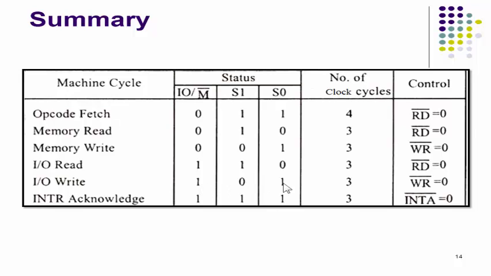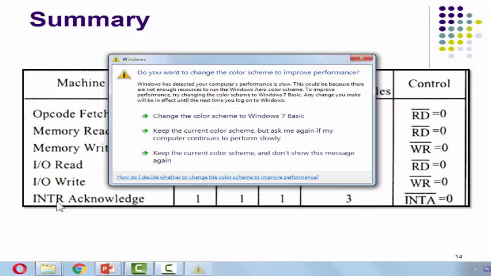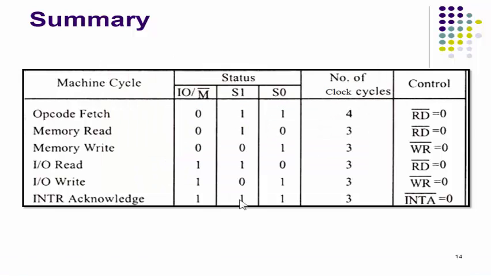IO read machine cycle. Here IO/M bar you will find logic 1, S1 is 1, S0 is 0. 3 clock cycles or 3 T states are required. Read bar is made low by the processor during this particular IO read machine cycle. Then IO write: here IO/M bar is 1, S1 is 0, S0 is 1. 3 clock cycles, WR bar equals 0.